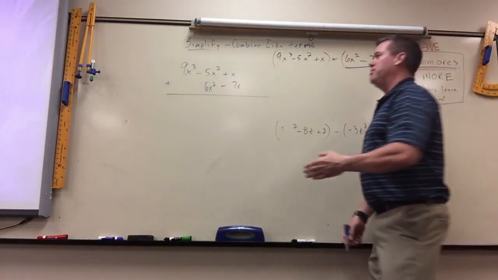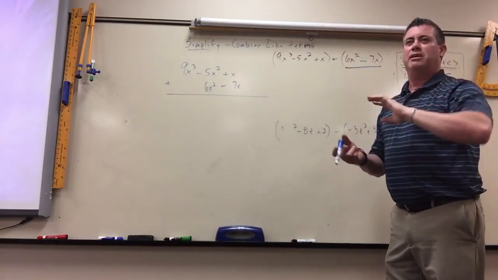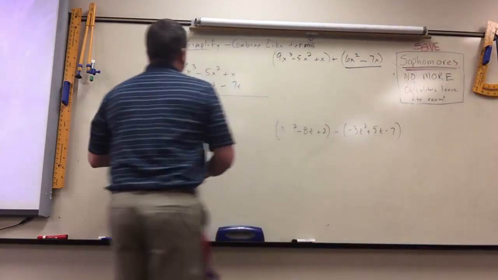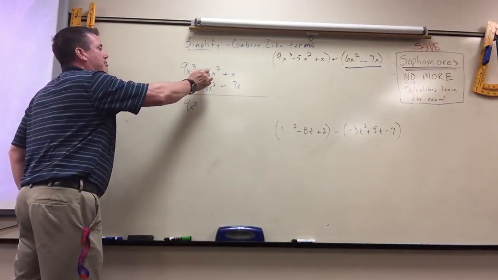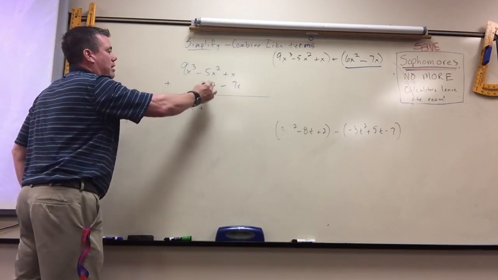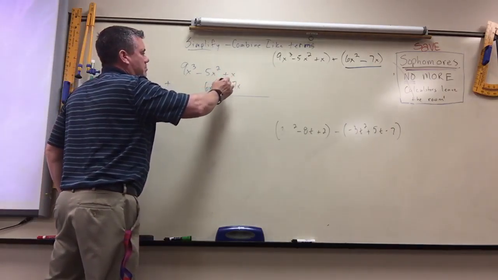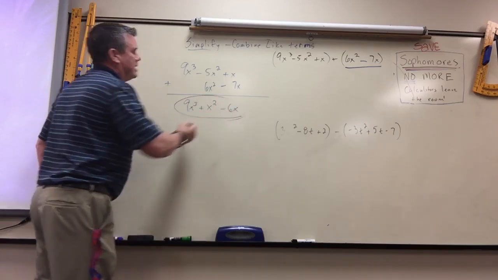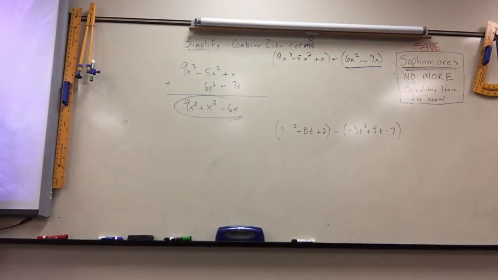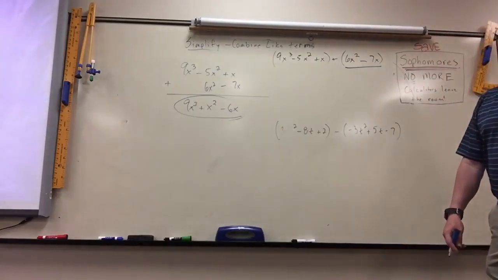Sometimes this is easier for people because then they got everything in a row and you don't have to look to match everything up. So now you just add 9x cubed plus nothing is 9x cubed. Negative 5 plus 6 is positive 1. So you can just put plus x squared. And an x plus a negative 7 is negative 6x. So if you want to do it that way, that's fine. Some people find it easier, which it probably is if it's set up for you that way, but it's not if you got to set it up.